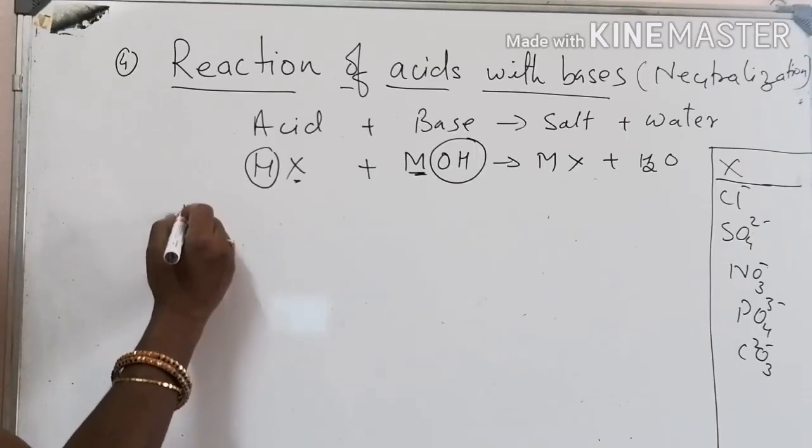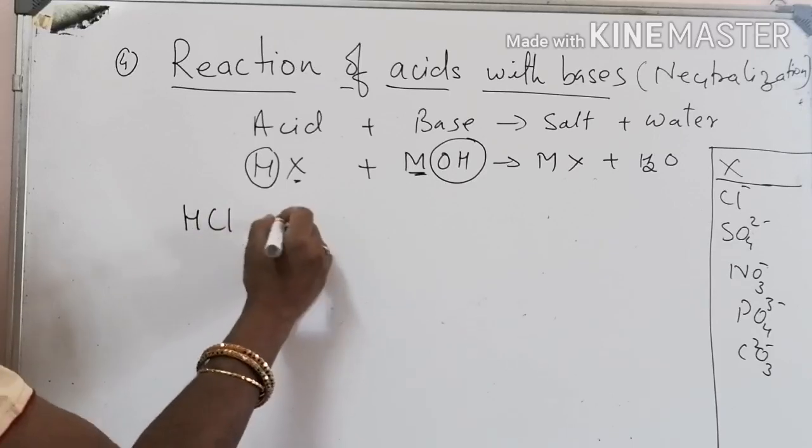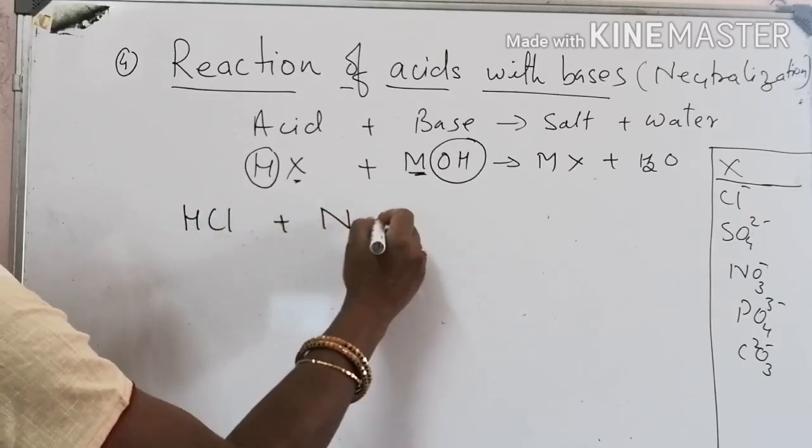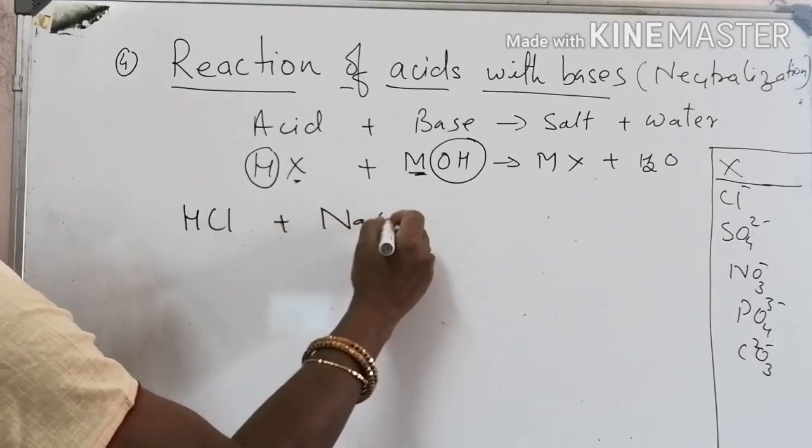Let us take few examples. HCl plus sodium hydroxide. Here HCl stands for hydrochloric acid. Hydrochloric acid reacts with sodium hydroxide to form sodium chloride and water.